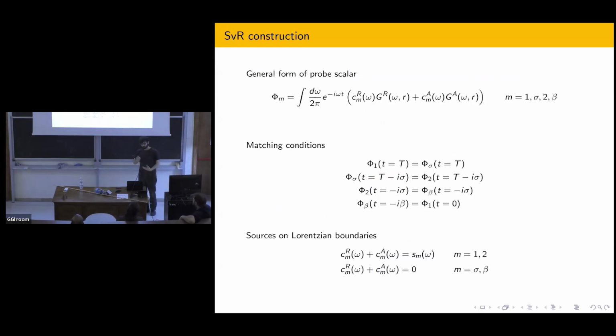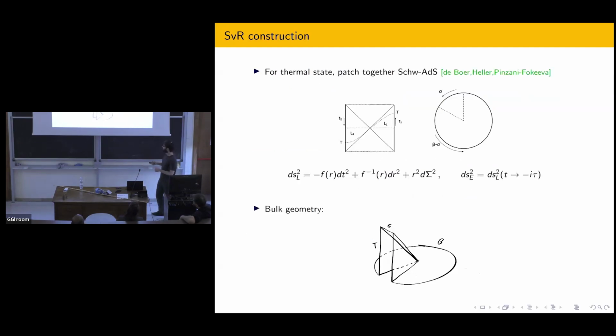So we can write down the general form of a probe scalar, which takes roughly this form on the two Lorentzian pieces, and it takes the analytic continuation of this form on the two Euclidean pieces. Here with M, I will denote these four different pieces of the bulk spacetime. Then I impose specific matching conditions where I match the bulk.